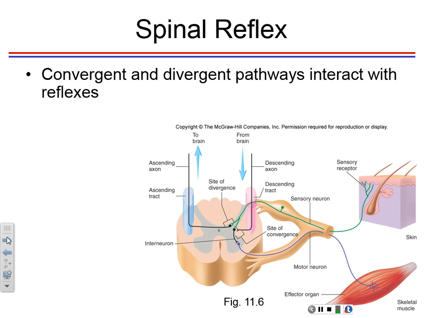One is supplying this ascending tract to the brain, because that information has got to go to the brain, because the brain has the final say with this. The brain will say, okay, we need to do this, we need to maybe reduce this, or we need to maybe increase the response. And then the information comes back down again. And here you can see it's a site of convergence.